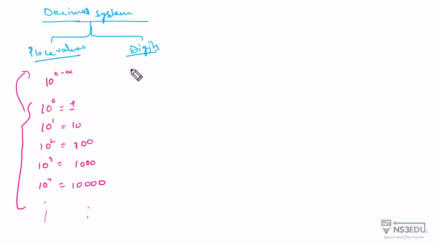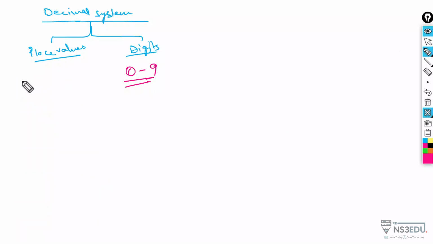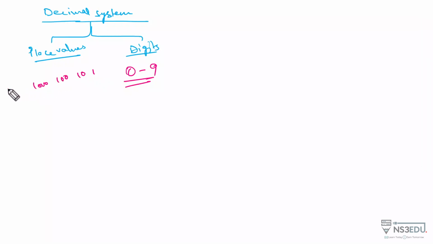Meanwhile, on the other hand, we have the digits 0 to 9. Now these are fixed. We cannot use any other digits here, like A, B, C or something like that. We just have to pick from these 0 to 9 digits and make a number. So these are place values. Let me write it: ones, tens, hundreds, thousands, ten thousands, and on, right?